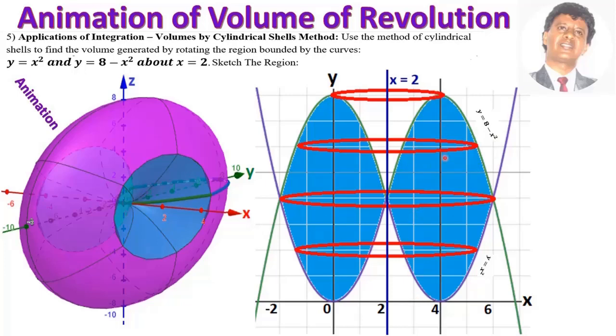It is minus x squared shifted up by 8. Okay, and we're going to rotate this around x equals 2. So that's the axis of rotation. And this is the volume that is generated, and we'll look at an animation of this volume.